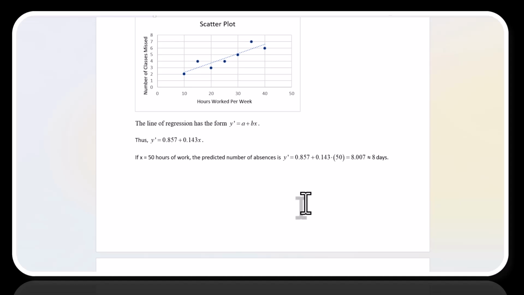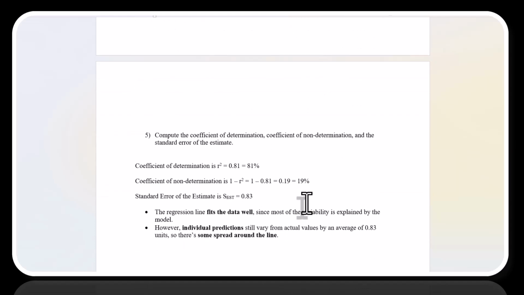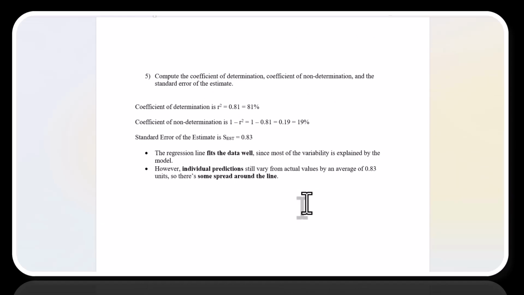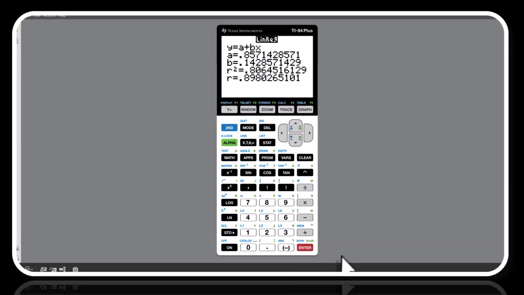Now, the final step is to ensure the accuracy of your line of regression. So this entails calculating what's called the coefficient of determination, R squared. If we go back to the graphing calculator, we can see that R squared is displayed, 0.806. And we want to translate that into a percent. So it's 81%.